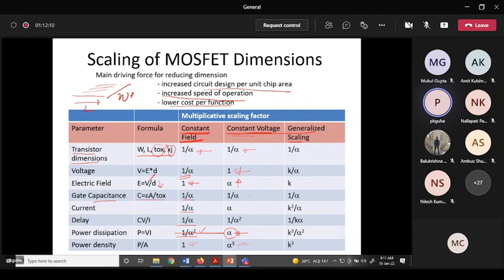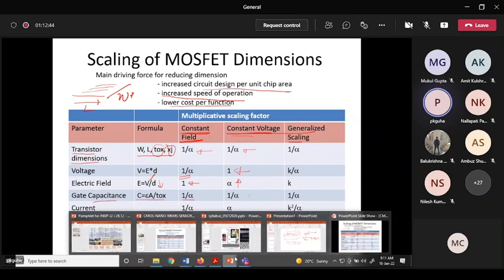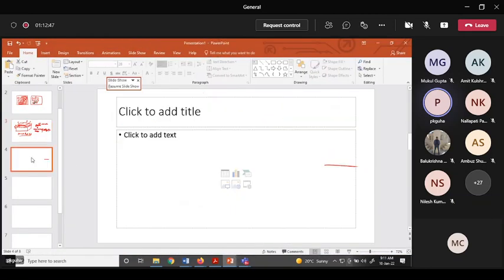If you follow strictly the constant field approach, you are reducing the supply voltage. Now if you are an analog design engineer, okay, and you are designing your circuit, for a specific circuit you might need to put several MOSFETs between rail to rail. For example, say you are designing an op amp.